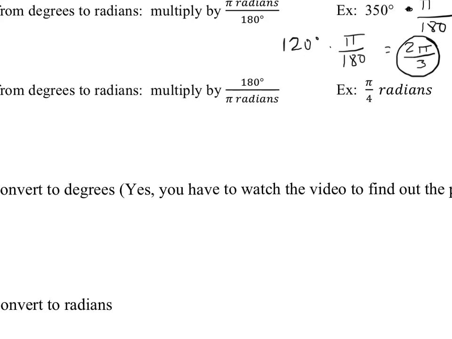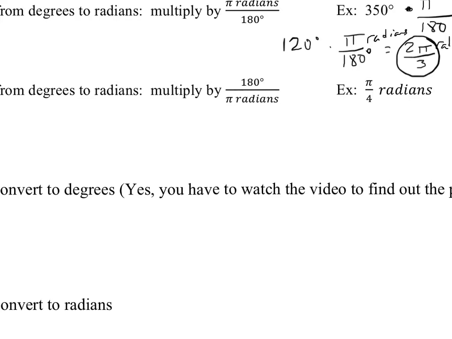For this, we multiply our radians by 180 over pi. Okay? Notice what happens here. When we were converting to radians, our degrees went on the bottom. When we're converting to degrees, our degrees go on the top. So whatever we want to convert to is what ends up on the top of that fraction.